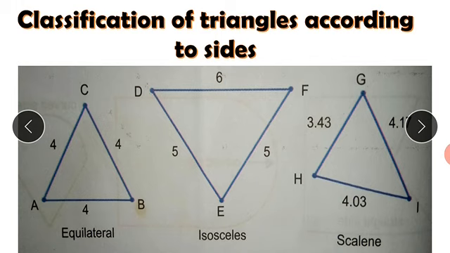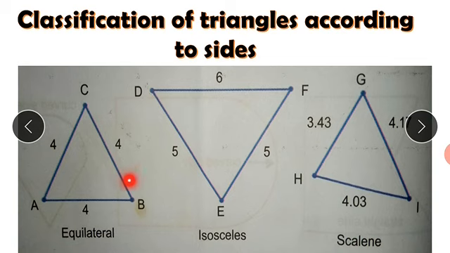Next is the classification of triangles according to sides. When you say equilateral triangle, all the sides are the same in length. So 4, 4, 4.